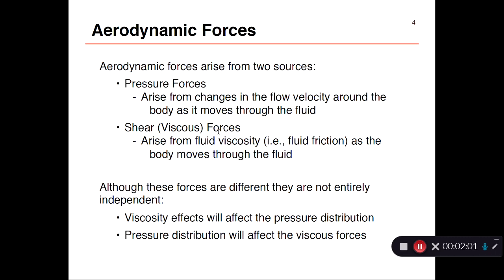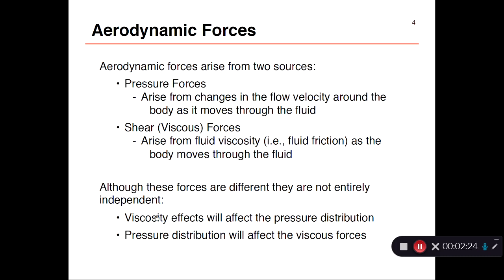Then you may have viscous effects which cause shear forces tangent to the surface. Pressure forces are normal to the surface, shear is tangent to the surface, which may decelerate the vehicle, for example, dragging it, slowing it down. So we have two types of forces that we need to worry about. They are not independent.